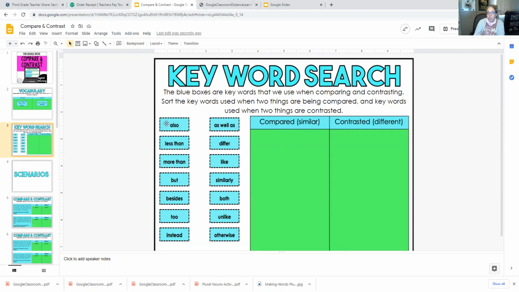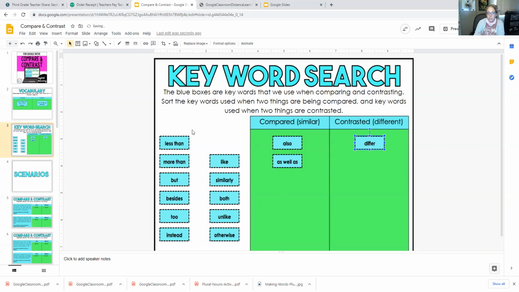So we have also. Also usually compares. As well as would be a compare word. Differ would definitely be a contrast word. Less than would also be a contrast.